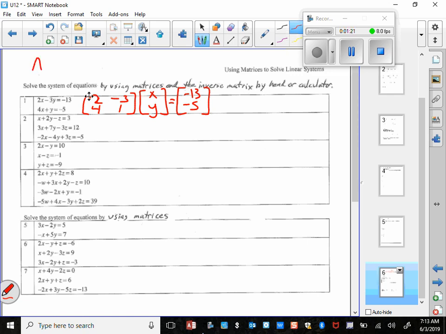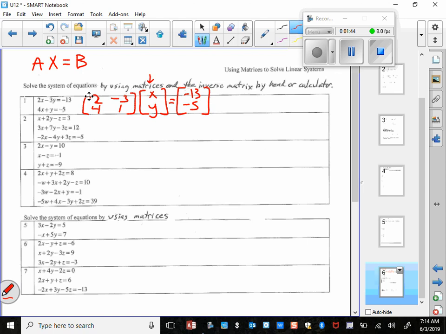So kind of think that I give you that matrix A times x. What you're really solving for is to figure out what x and y are, equals some matrix B. So thinking about in math, what would you do just to solve for x? If you had something like 2x, you would divide by 2.